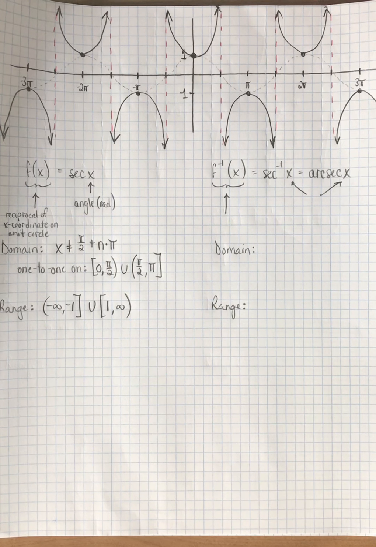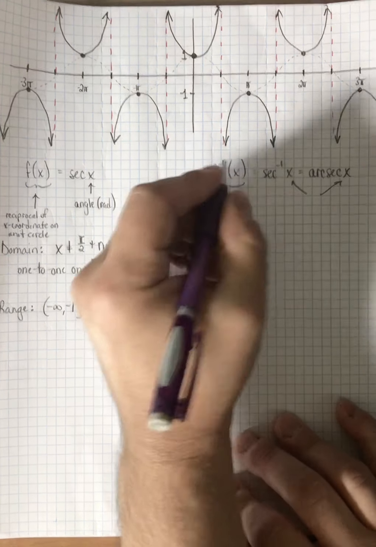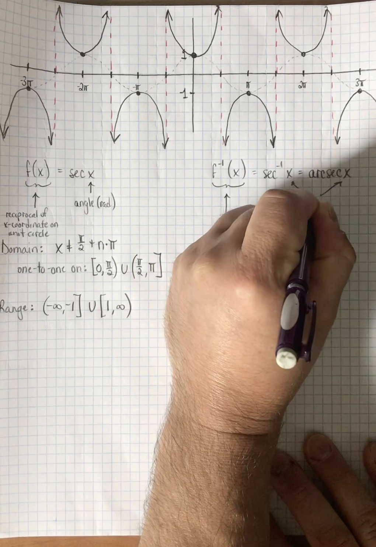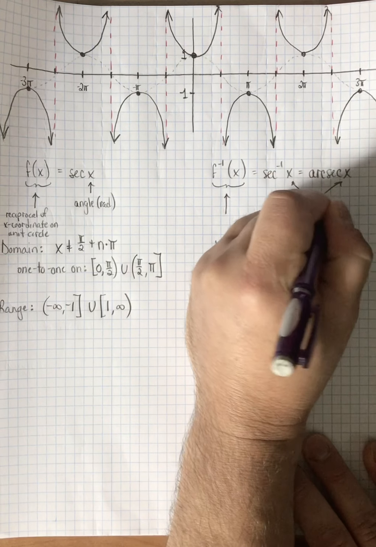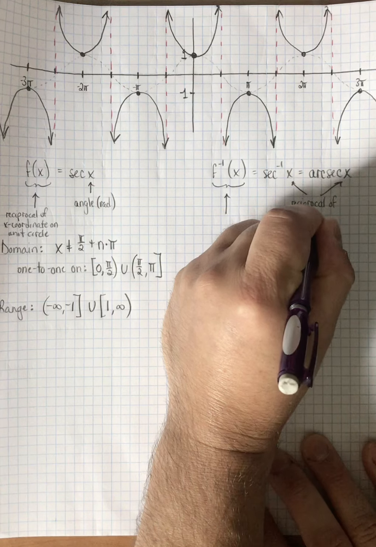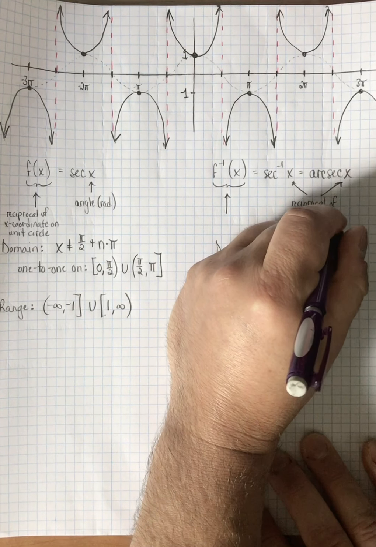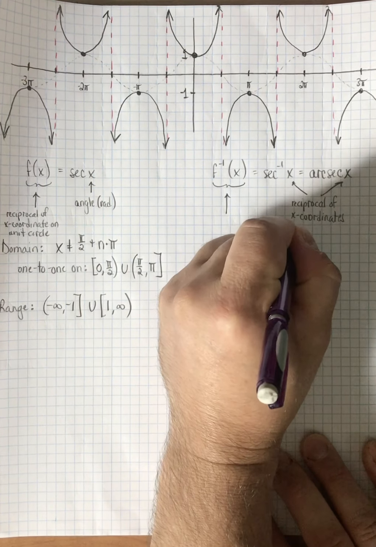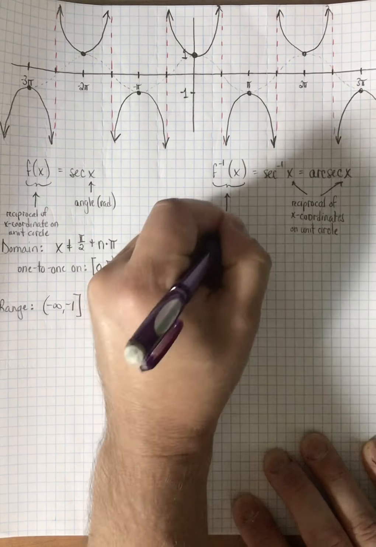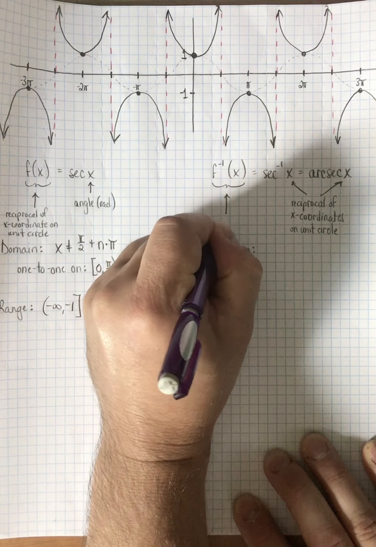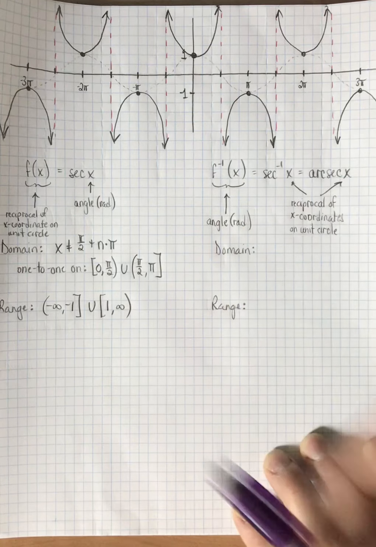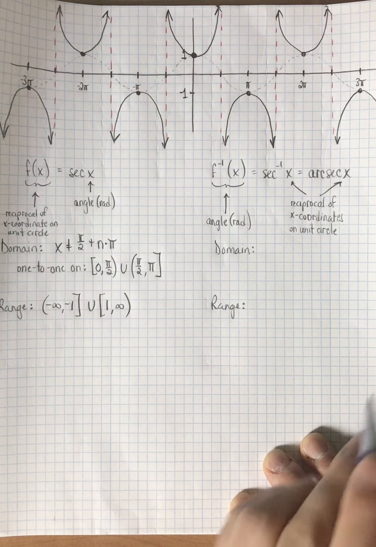So, the arcsecant function, the inverse secant. The inputs here will be the reciprocals of x coordinates on the unit circle. And the outputs will be angles in radians. So that we have that flip-flop effect from input and output between the original and the inverse.